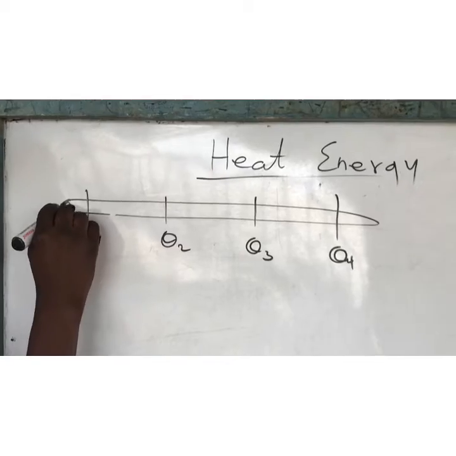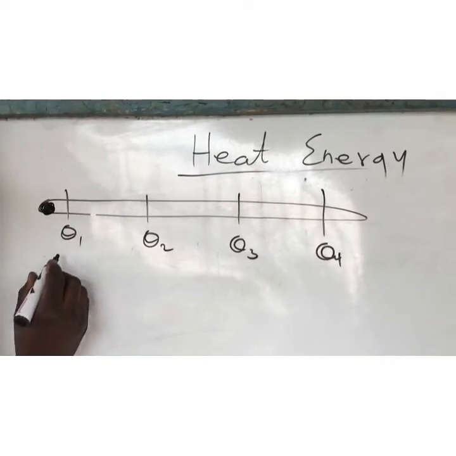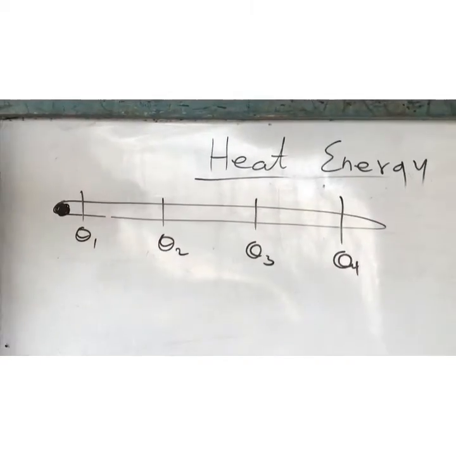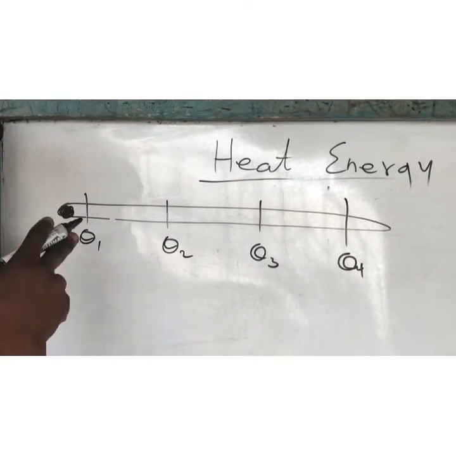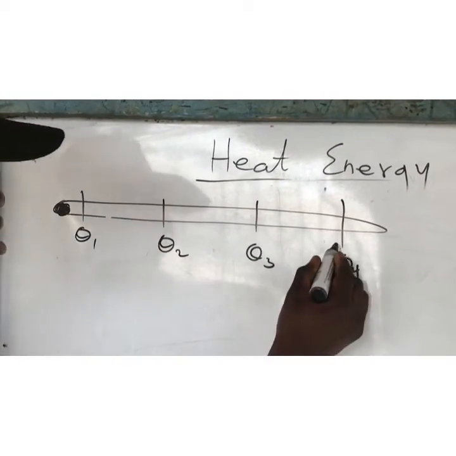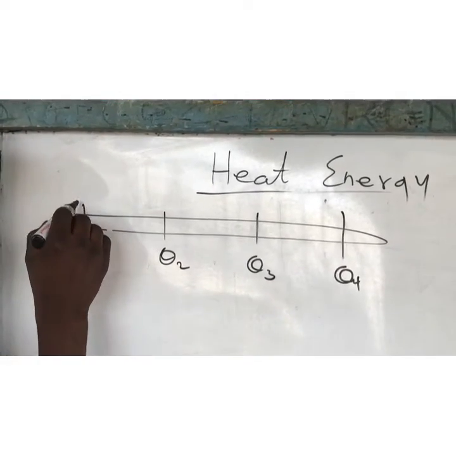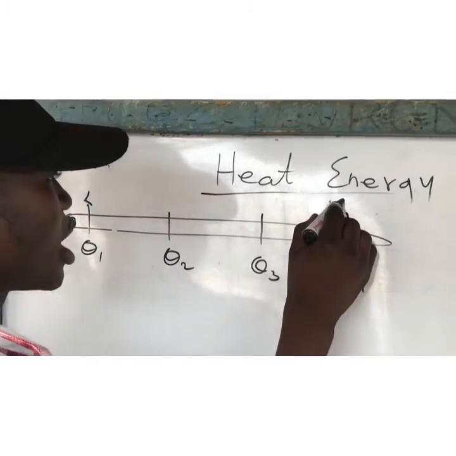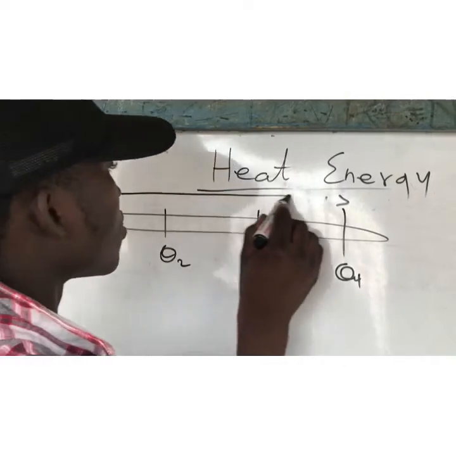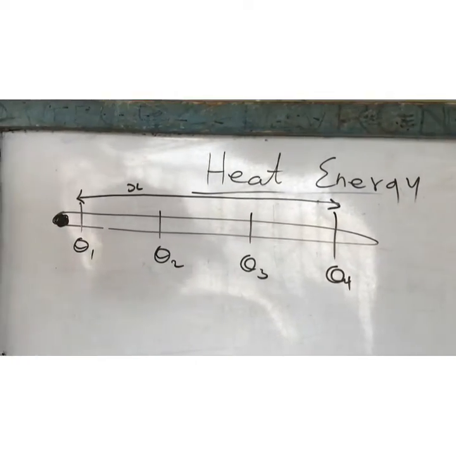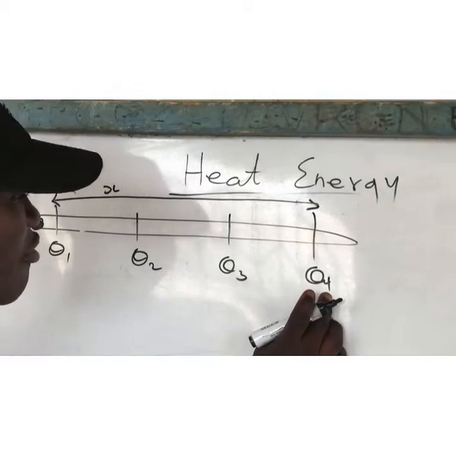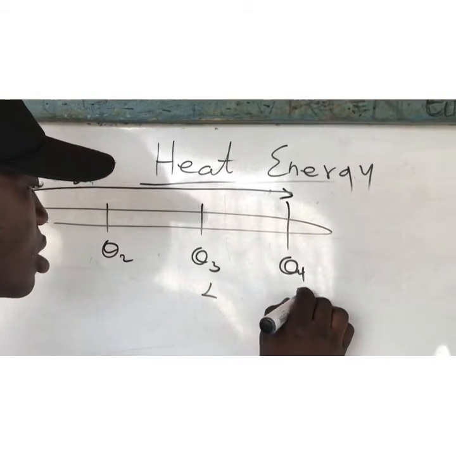So it will be reading from the lower fixed point up to the upper fixed point. Now let's say the distance between theta 1 and theta 4 is x, so the distance from here up to this point is x. And the distance between theta 4 and theta 3 is y.